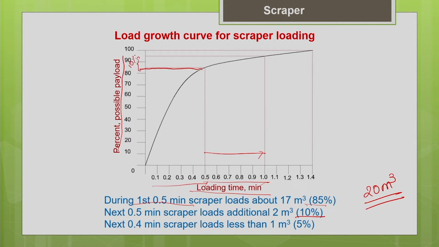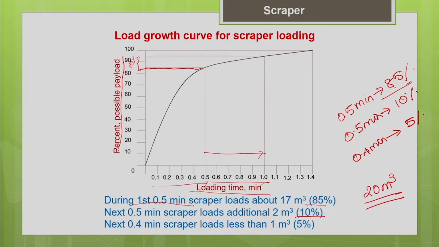For the next 0.4 minute I am filling only 5%. So by looking at these values, you can see that beyond 0.5 minute of loading, the rate of loading starts reducing.